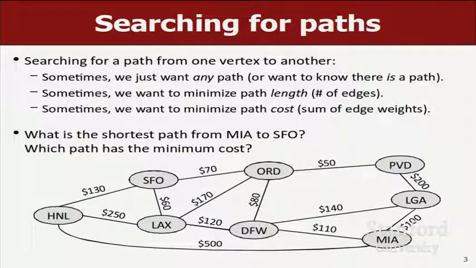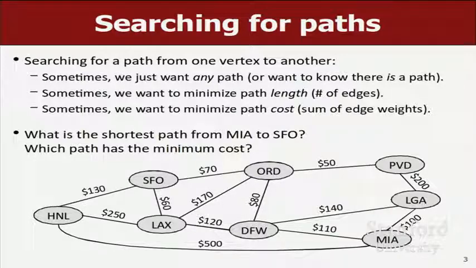Again, in terms of the general topic of path searching, there's lots of different things you might want to optimize. You might say, well, I want to know the least expensive path. This is a pretend airline ticket map or graph here where I can get from Honolulu to San Francisco for a $130 plane ticket. And of course, these flights probably have a flight time and distance as well that isn't reflected in the graph.